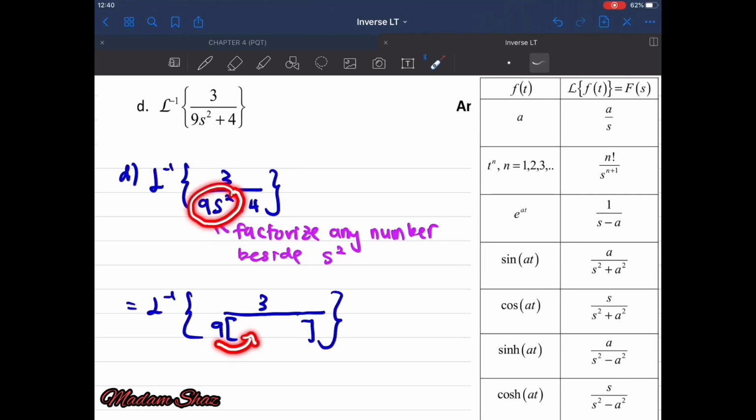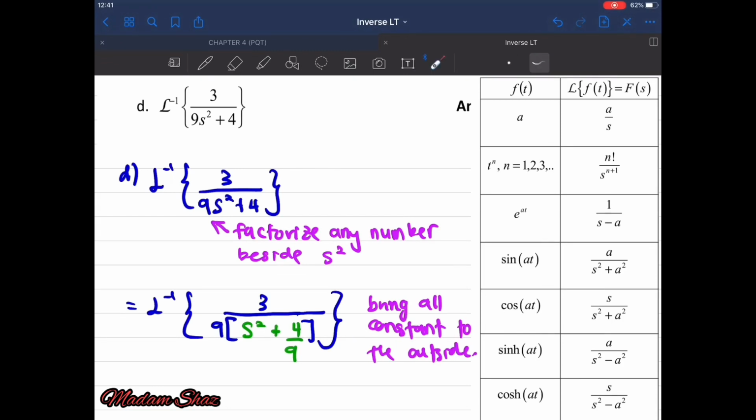It should be multiplied with s squared. Then plus, 9 should be multiplied with what number so that it becomes 4? 9 should be multiplied with 4 over 9, so that when we multiply back 9 with 4 over 9, we obtain 4. Now we can bring the constant to the outside.